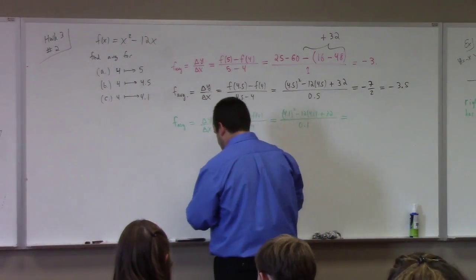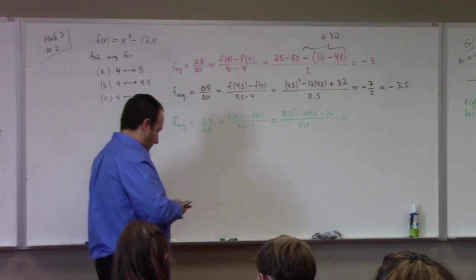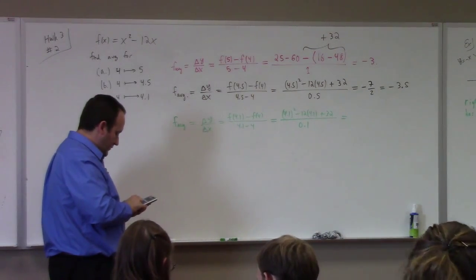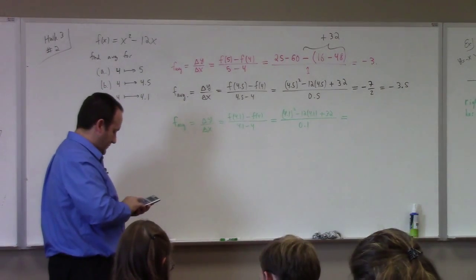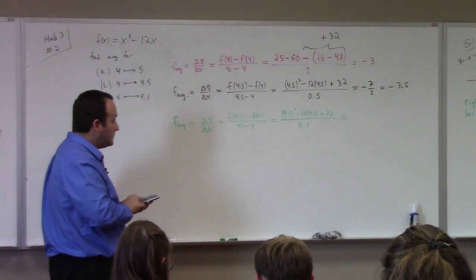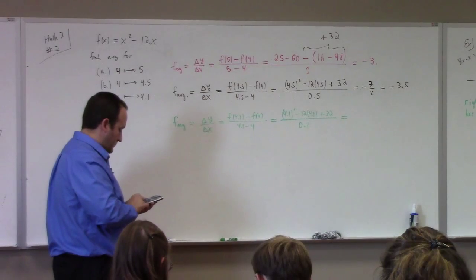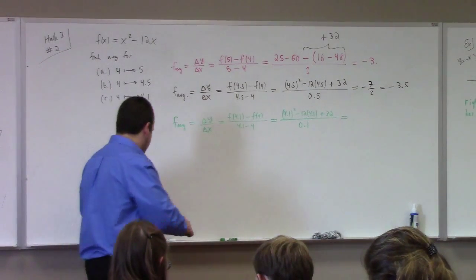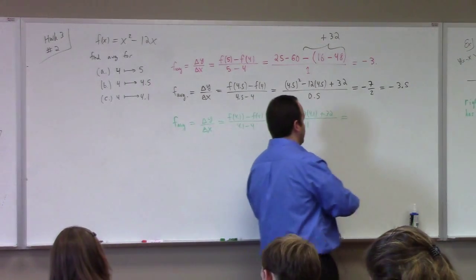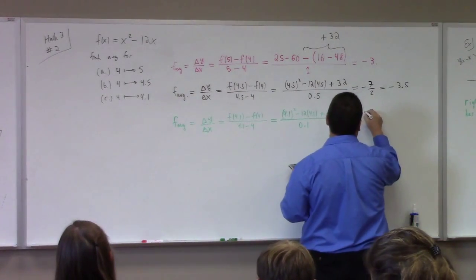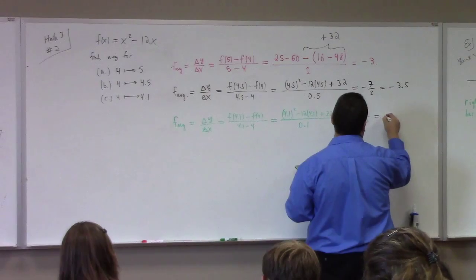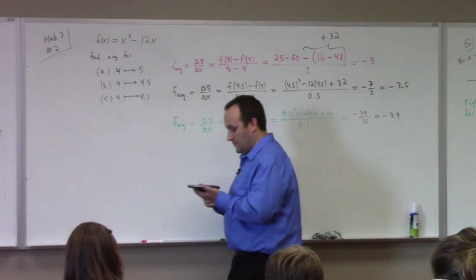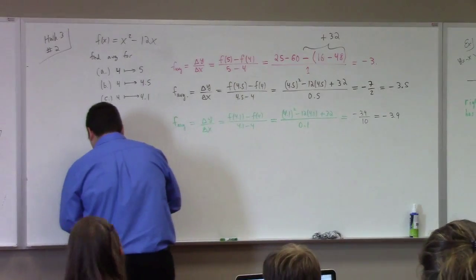And what do we get? I get minus 39 over 10, aka minus 3.9.